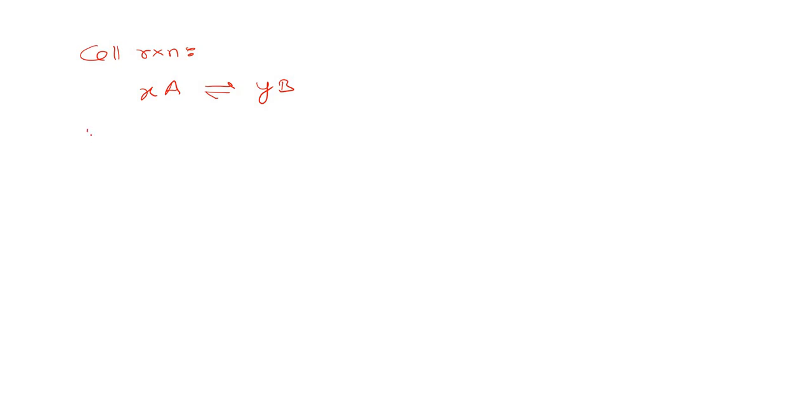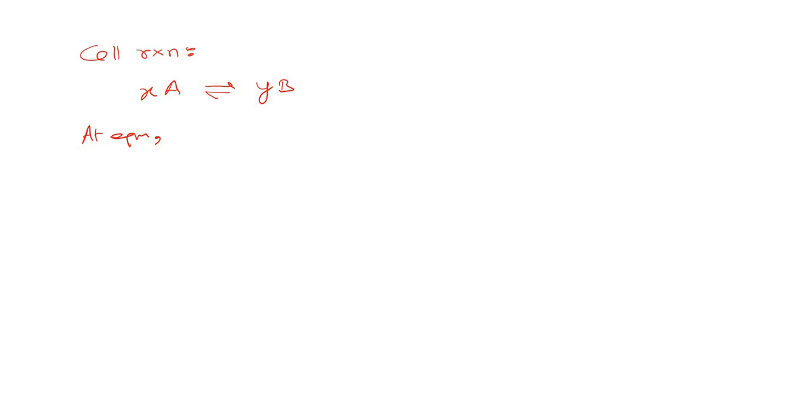So for this reaction we can write at equilibrium, once the reaction attains equilibrium, because we know very well that before attaining equilibrium we have to write the Van't Hoff reaction isotherm expression. Then we have to do a similar process as we did earlier.